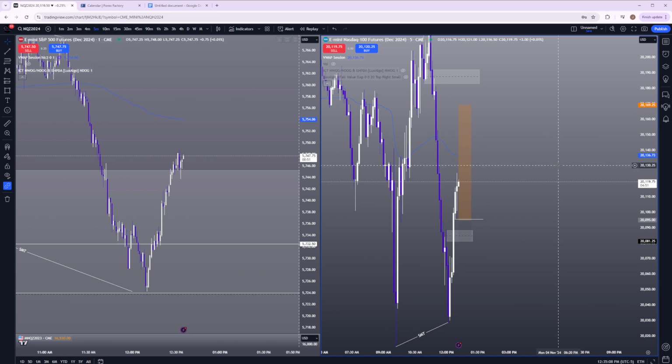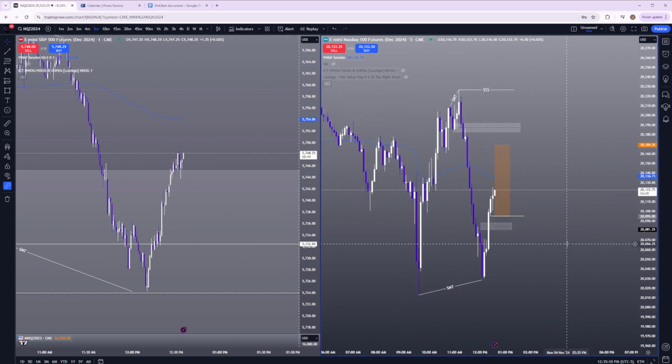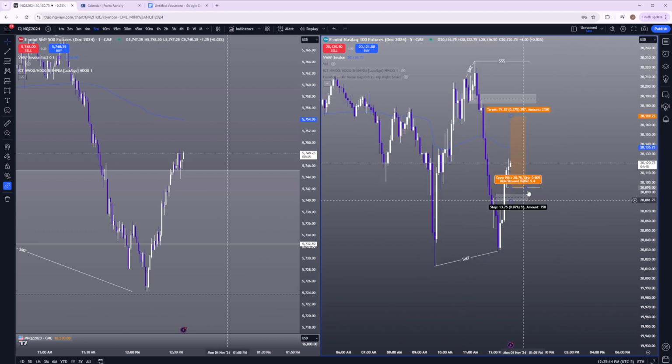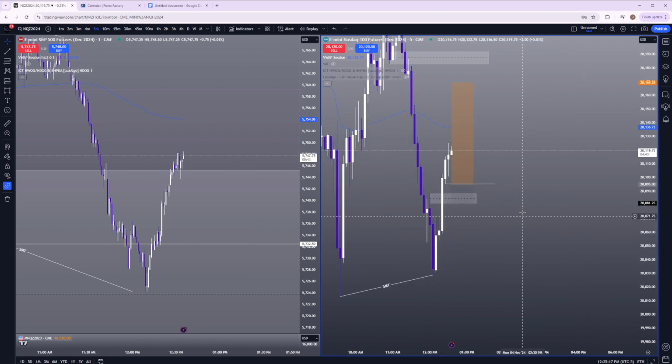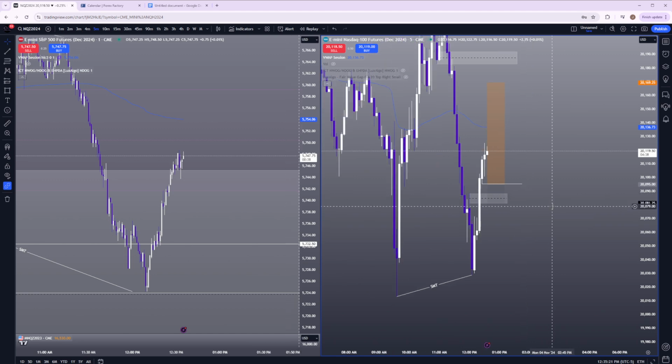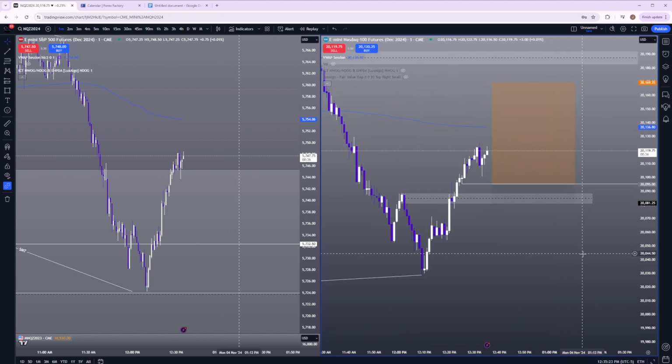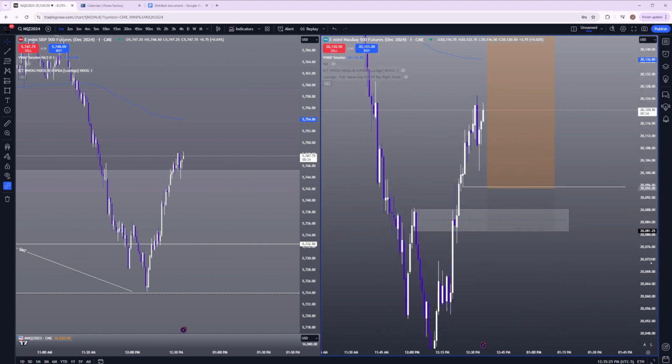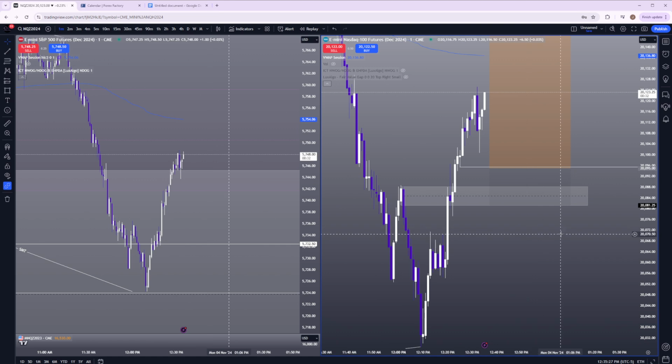Is that a 5-minute uni setup? Are you saying down here, like a bullish unicorn? This wouldn't be a unicorn on the 5-minute, and technically it's not really a 1-minute unicorn either.